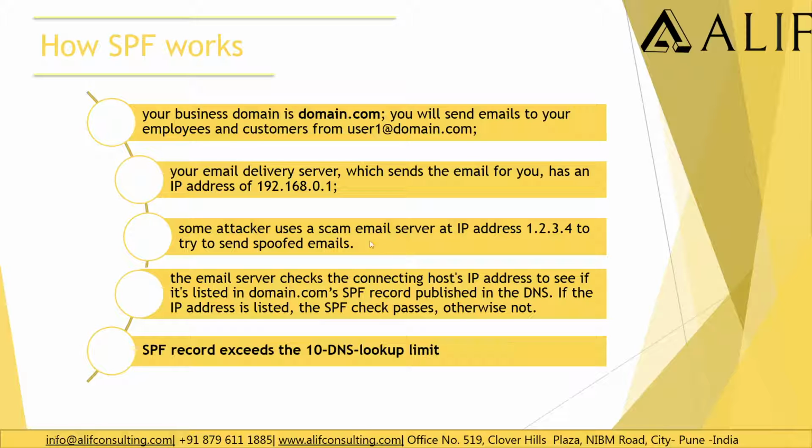So what the attacker would try to do is send an email on behalf of this domain, that is domain.com, which is actually owned by the original person with that IP address. Whenever someone tries to send an email using domain.com, the IP address would definitely be different. It would not be 192.168.0.1, but indeed it would be 1.2.3.4. At the recipient side, the recipient would check domain.com and the IP should be this.